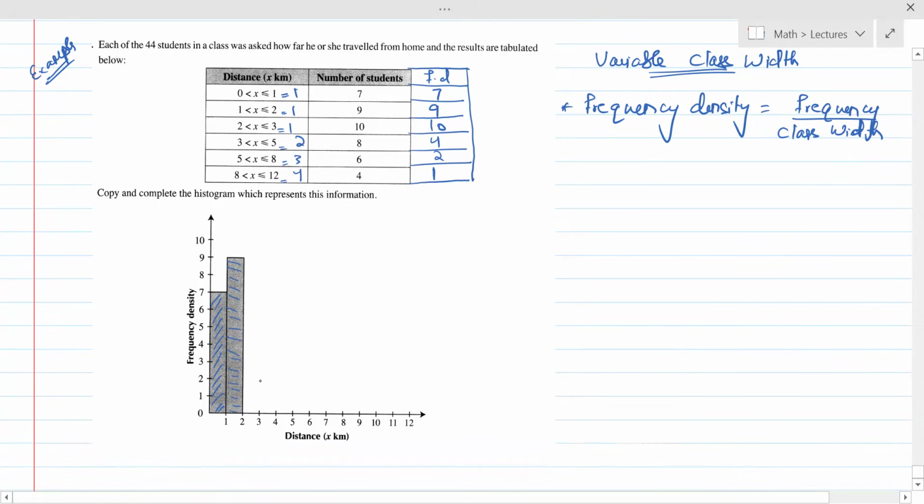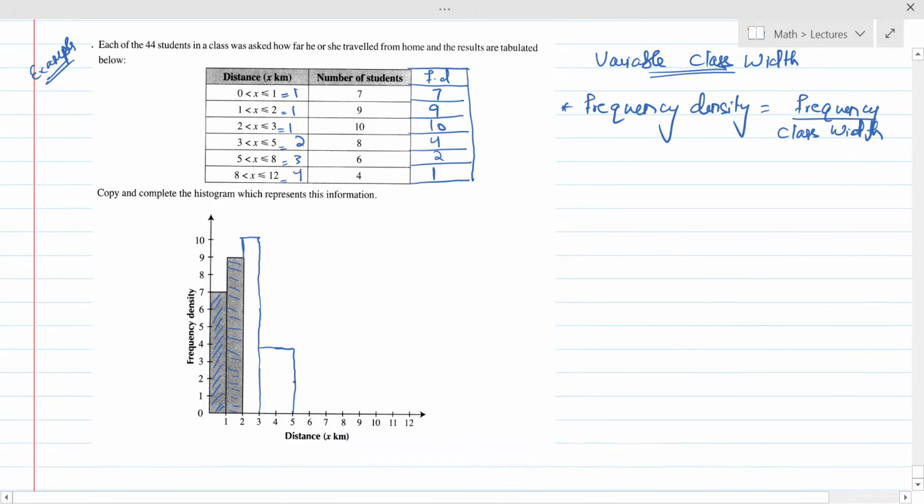So 2 till 3 with frequency density 10 means the rectangle would go up till here. Third class, we have done. Fourth class, 3 till 5, has the frequency density 4. Next we have 5 till 8 with frequency density 2.